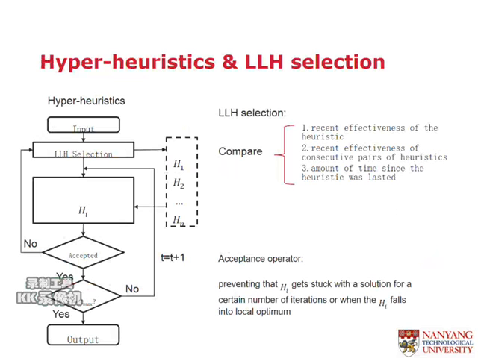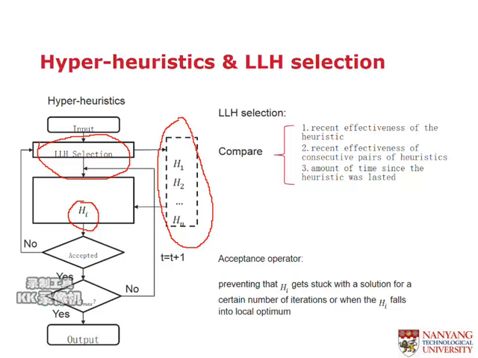As shown in the left picture of this slide, one of the heuristic algorithms in the pool of candidate heuristics H1, H2, and Hn will be selected by the low-level heuristic selection algorithm as the heuristic algorithm to be performed, which is referred to as HI in this picture.